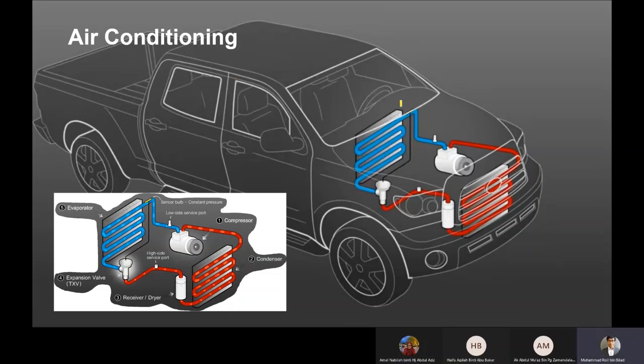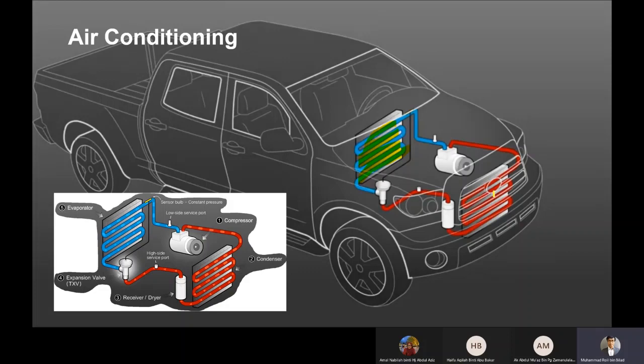In the car, you want the inner part of the car to be cold, right? So you need to take out the heat from your car. Taking out the heat can be done by evaporation. So in this car, this is basically the evaporator. Somewhere inside your car, there is an evaporator. When the liquid evaporates, the liquid will be pumped outside of your car, and it's condensed to release the heat.